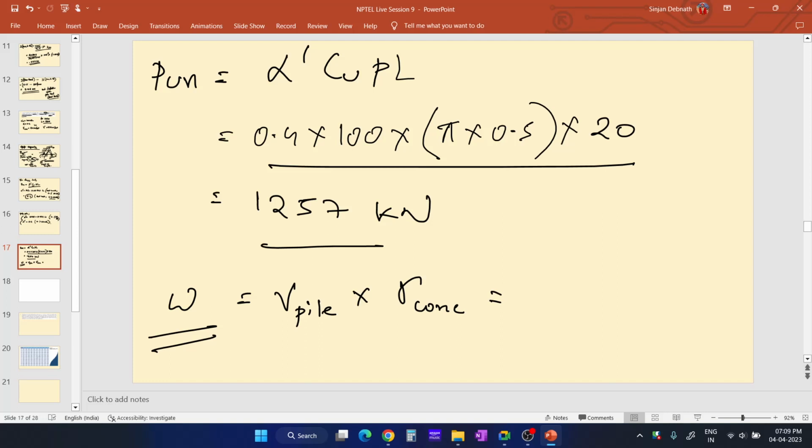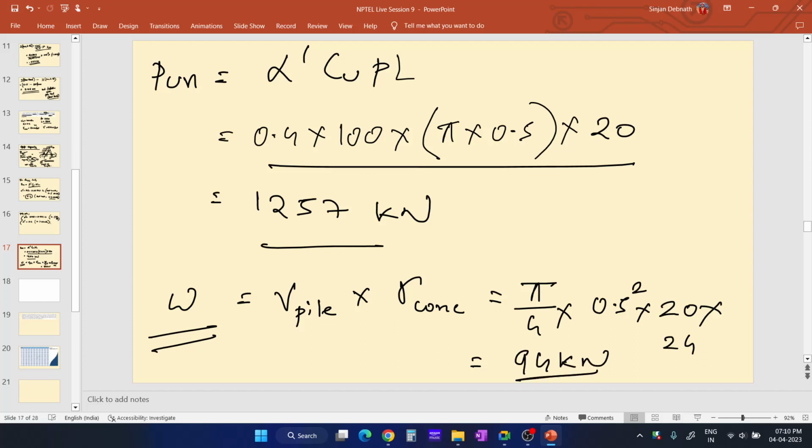Area into length. How much is the area? Pi by 4 into d square. How much is d? It is 0.5, squared, into the length. The length of the pile is 20 meter. And the unit weight of concrete is 24 kilonewton per meter cube. Now if you calculate this, you will get the value of W to be 94 kilonewton.